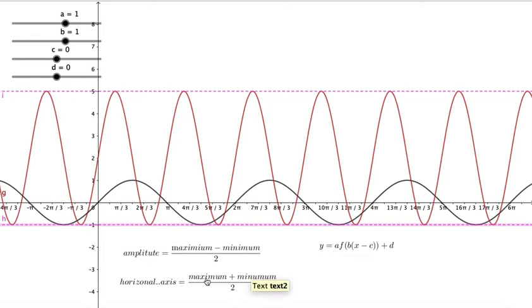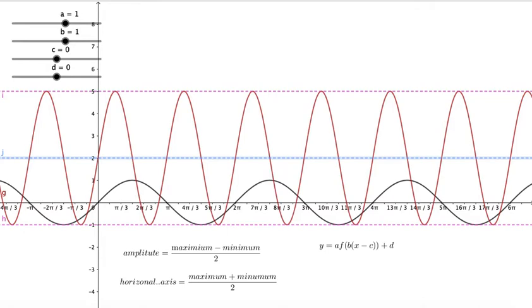Now our horizontal axis is going to be that line that cuts this red wave exactly in half. So from a transformation point of view, if you go back to the regular sine wave, the regular sine wave had a horizontal axis of 0, the x-axis. So how do I move that all the way up there?